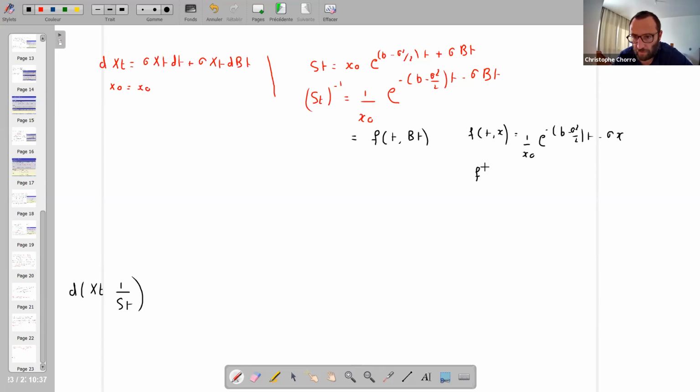So the derivative of this one with respect to t is equal to what? I have a minus here, so it will be minus (b minus sigma squared over 2) f. f prime with respect to x is equal to minus sigma f, and f second with respect to x is equal to sigma squared f.